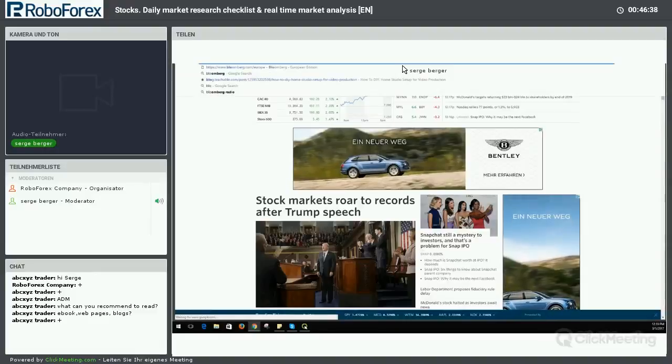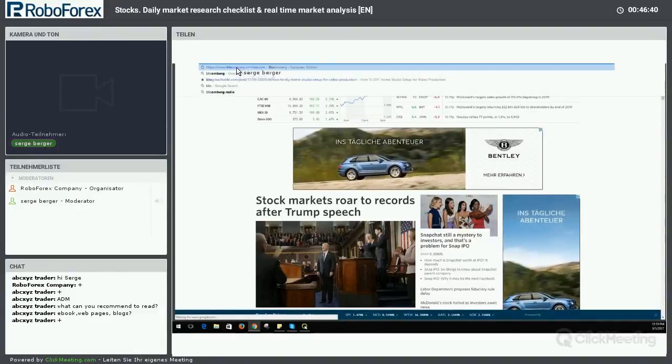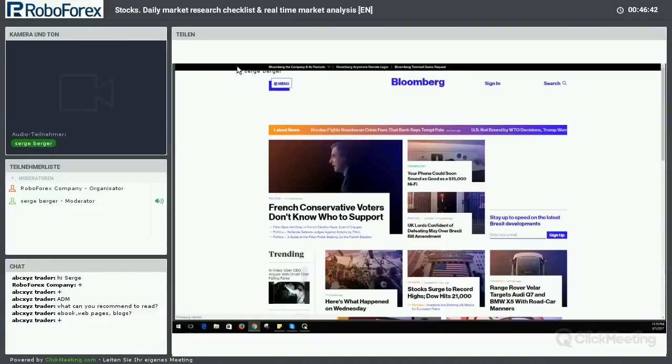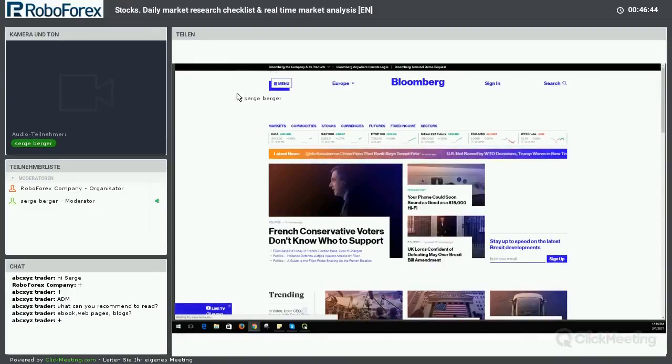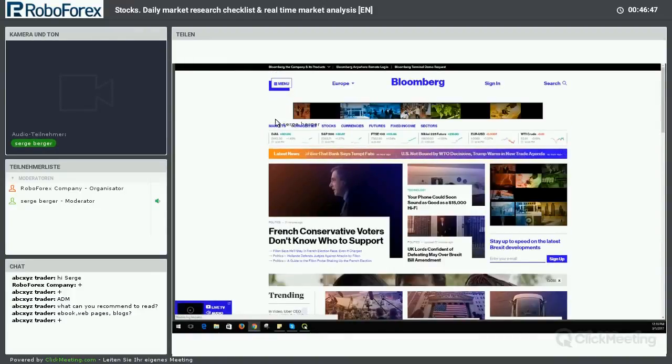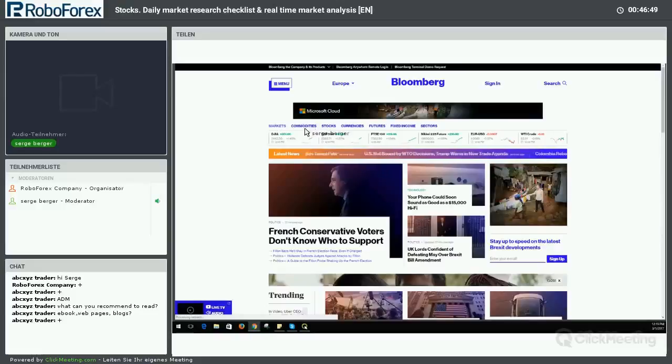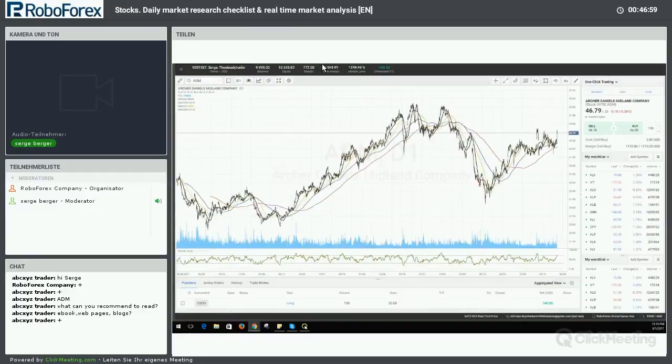Obviously, Bloomberg.com is a good website. Here you find not only a lot of data under markets, but also a lot of good columns, a lot of good perspective. And yeah, that's kind of what I look at.